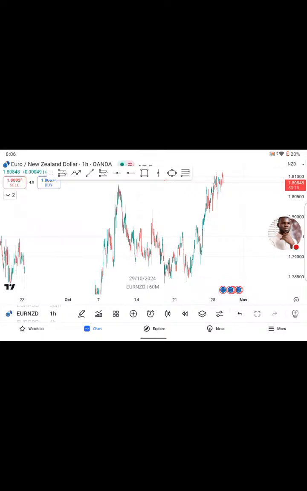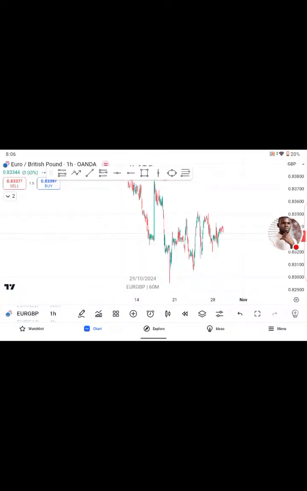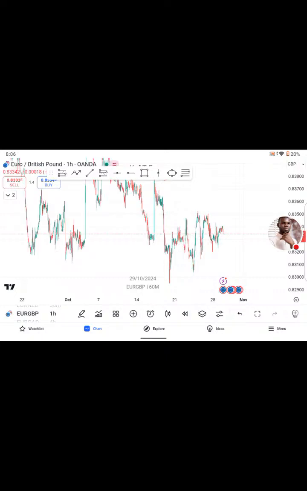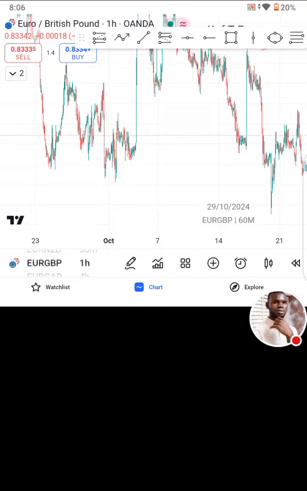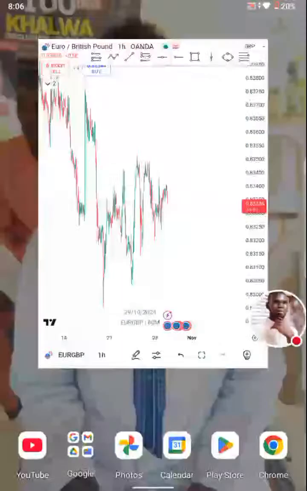Wow. What is wrong with TradingView? Not showing up on my hand.